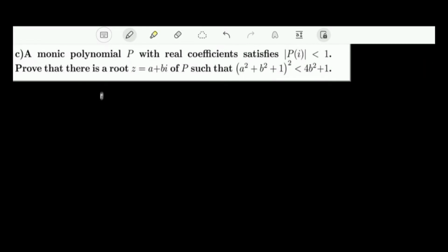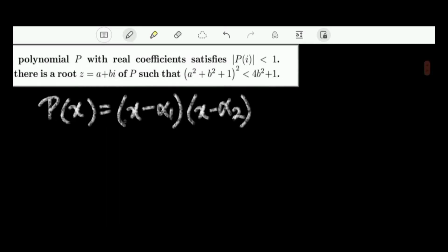So we can simply say that if p of x is any polynomial, then we can write it in the form of its roots, which is (x − alpha 1)(x − alpha 2) up to (x − alpha m), where alpha 1, alpha 2 up to alpha m are all the roots of the polynomial.